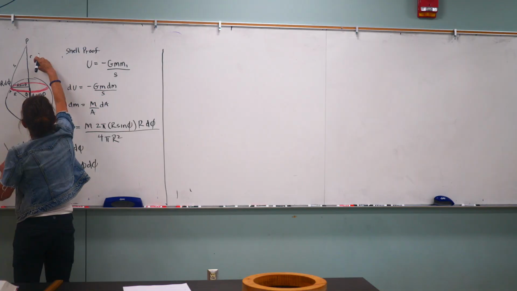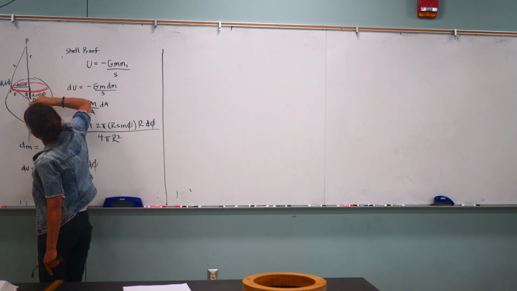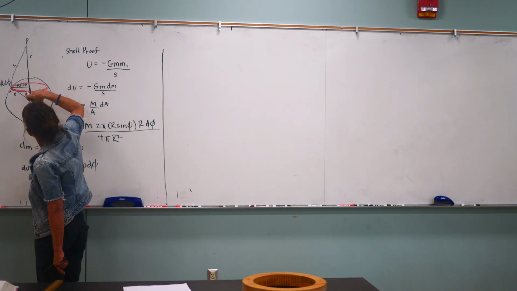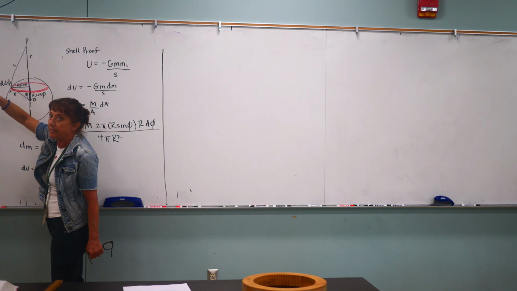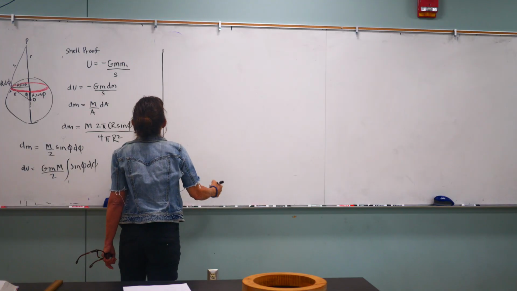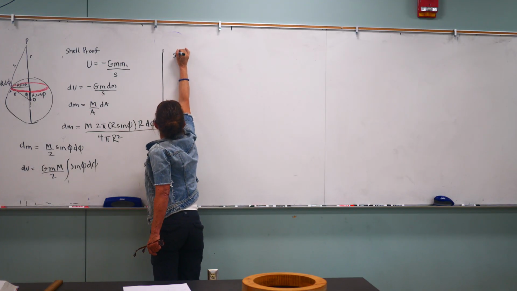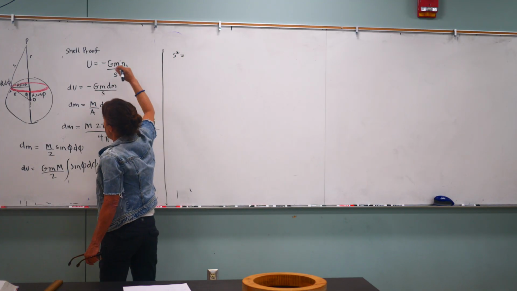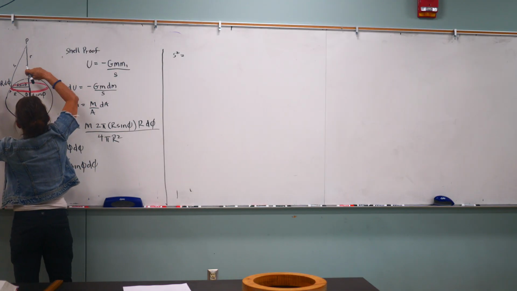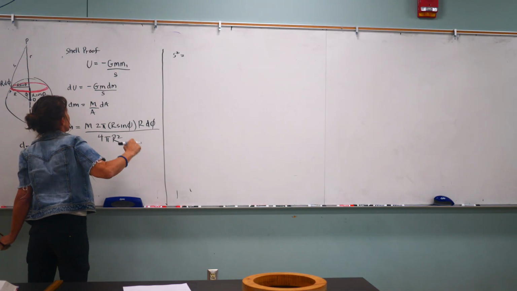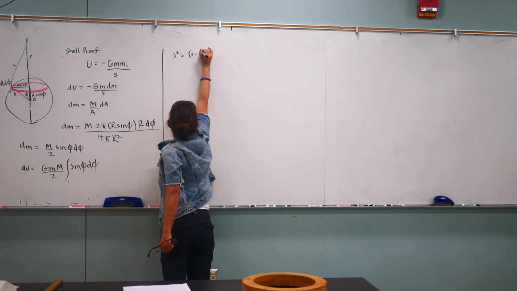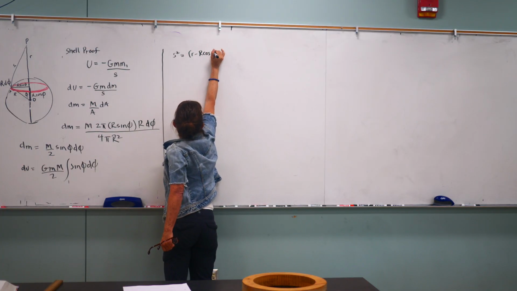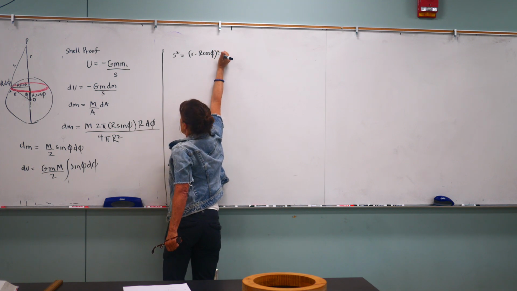So little r goes from point P to the center of the sphere. And S goes from point P to our mass in question, to dm. Okay? So S squared equals this distance squared plus that distance squared. So it's going to be r minus R cos phi quantity squared.